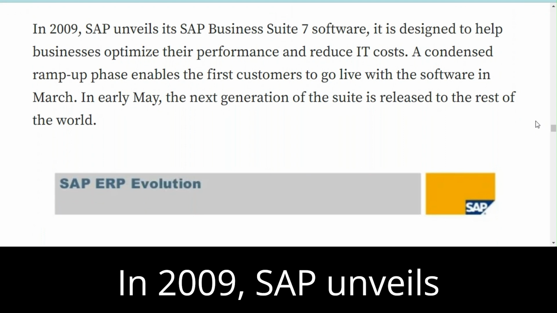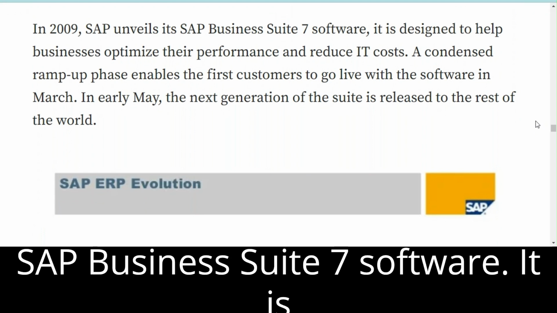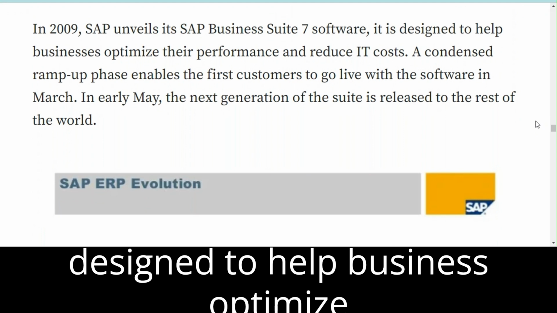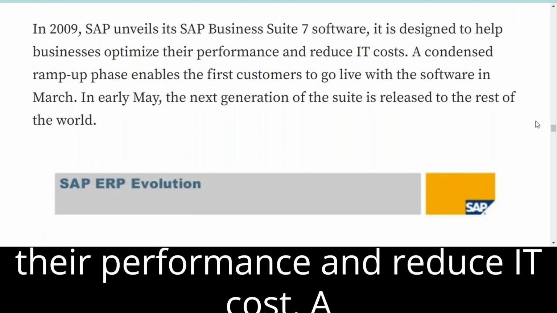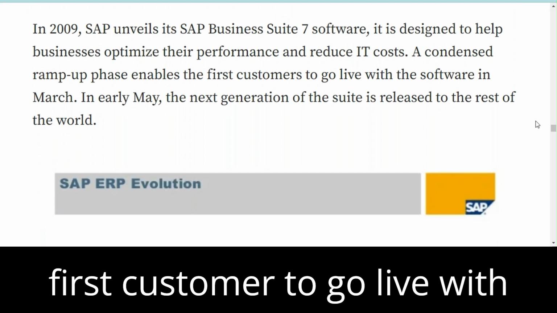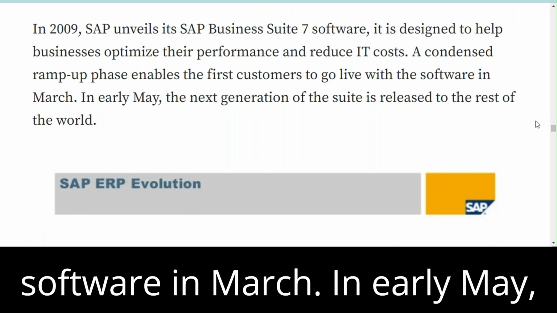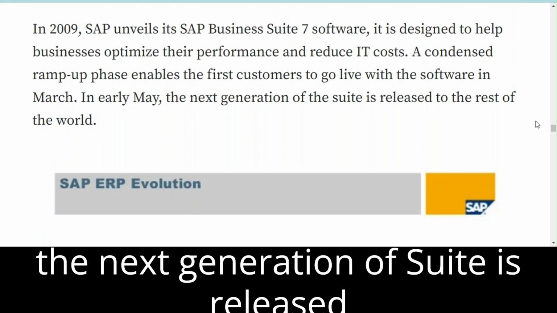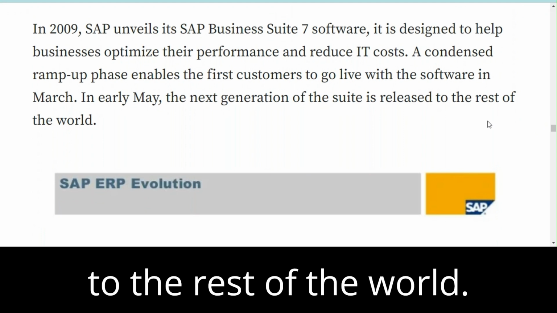In 2009, SAP unveiled SAP Business Suite 7 software. It is designed to help businesses optimize their performance and reduce IT cost. A condensed ramp-up phase enables the first customer to go live with the software in March. In early May, the next generation of the suite is released to the rest of the world.